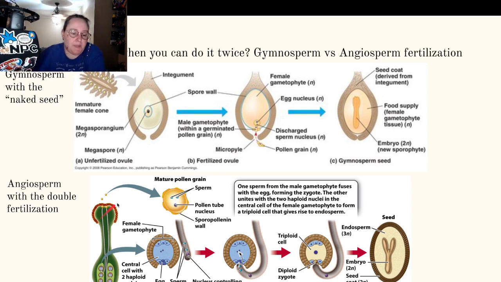Anyway, what happens here, again, is the sperm actually has, interestingly enough, a pollen tube nucleus and 2 sperm inside. So a mature pollen grain of an angiosperm has 2 sperm and this pollen tube. What happens is he falls in, but none of these things are going to the female ovum inside the pistil.